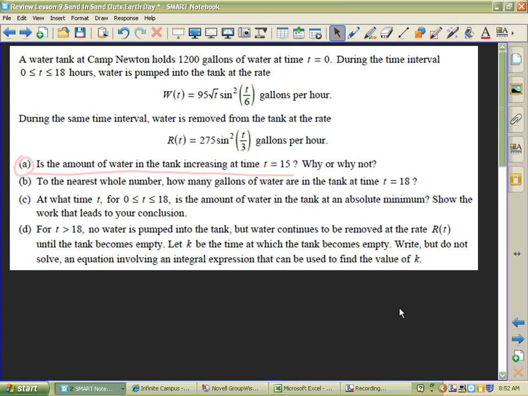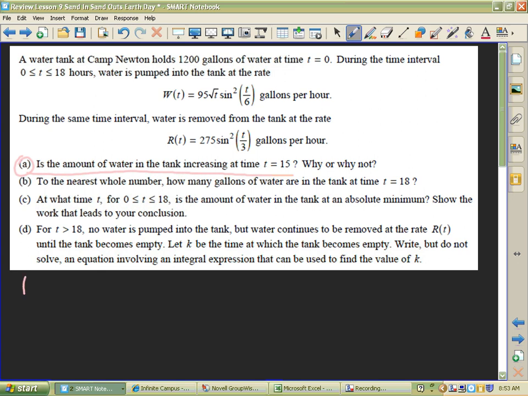How do I know if the amount of water in the tank is increasing at time equals 15? What rate at t equals 15? R of t is how things are being removed. W of t is how things are being added, but W of t is always positive. That's what we want to know.